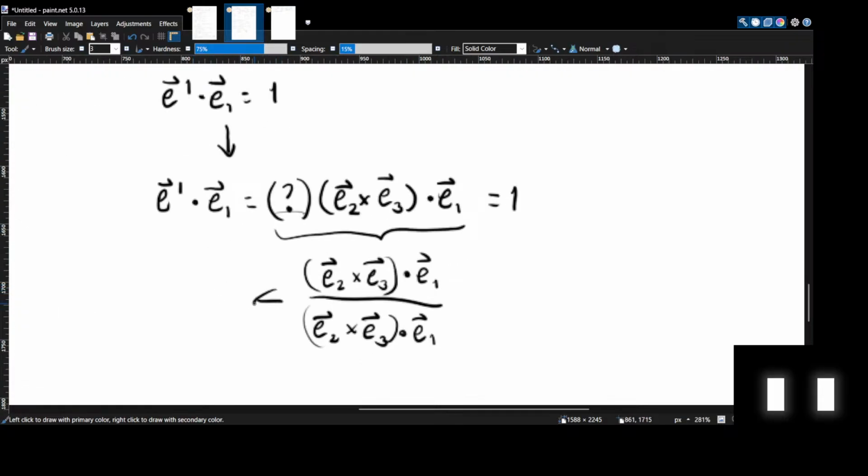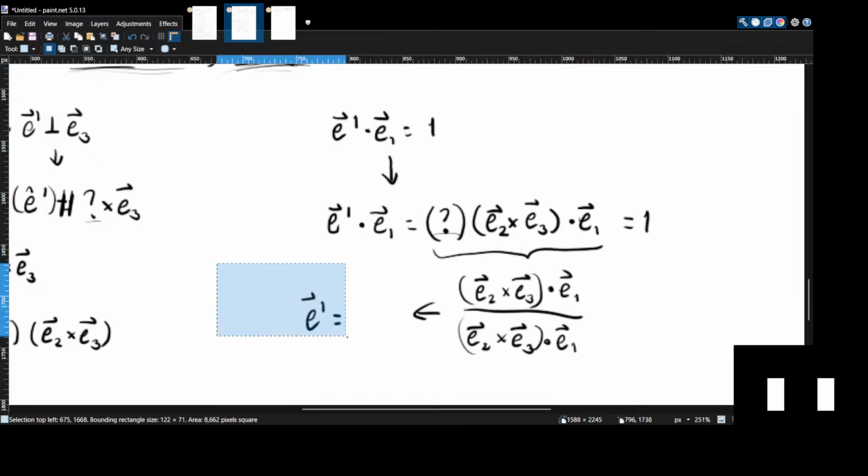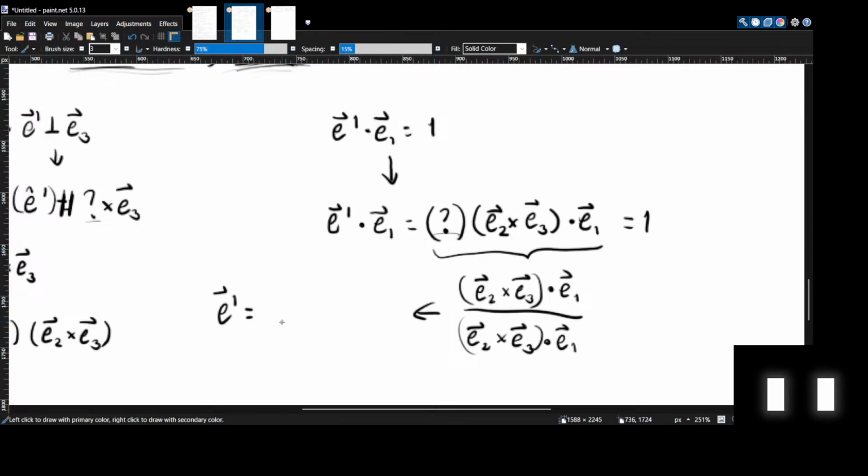Which immediately tells us that E1 is equal to E2 cross E3 divided by E2 cross E3 dotted with E1.